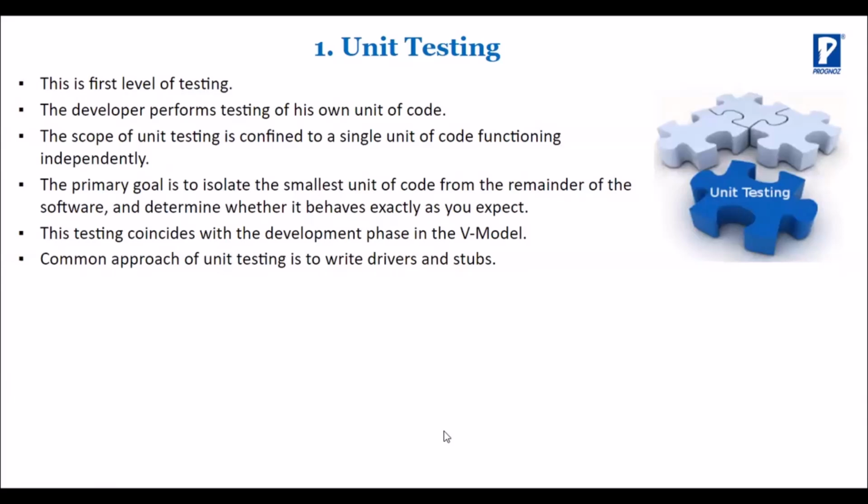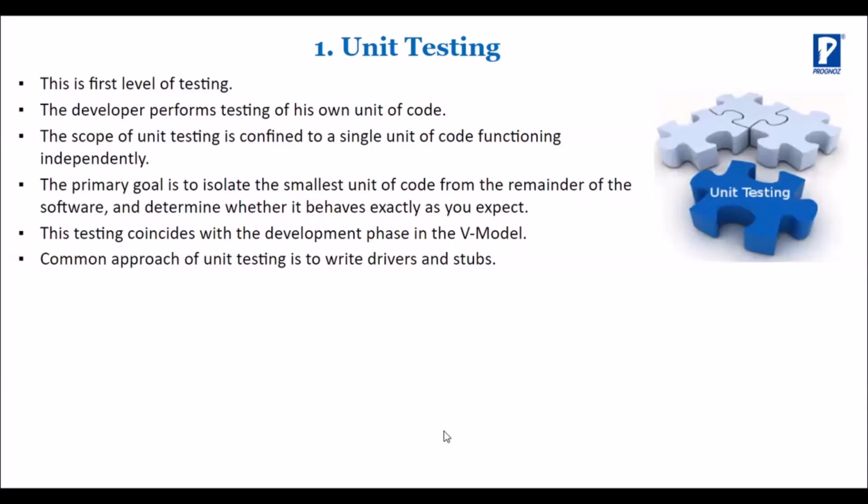So here the testing, the primary goal is to isolate the smallest unit of code from the remainder of the software or remainder of the application, and it should behave exactly as you expect. मतलब उसका requirement जो है उसके accordingly work होना चाहिए. That is what we expect.